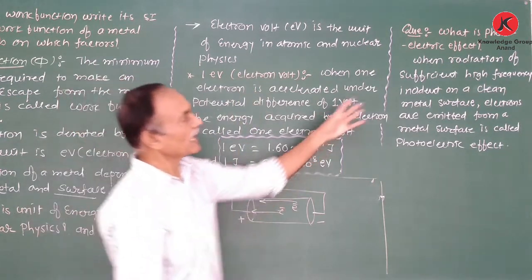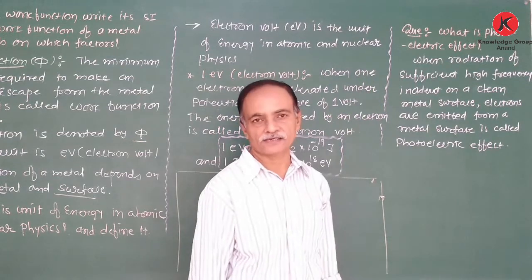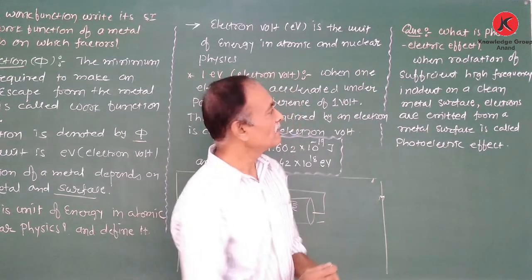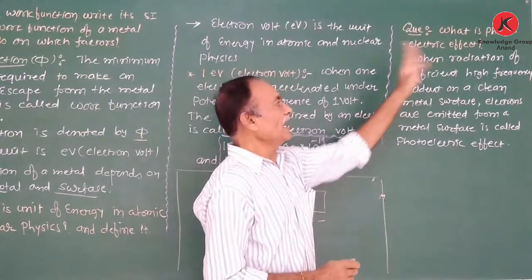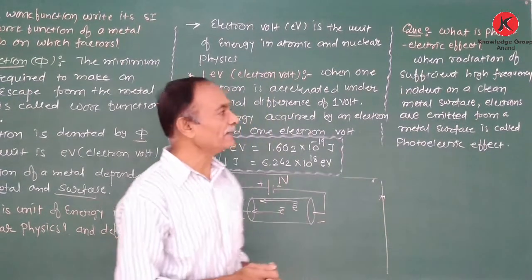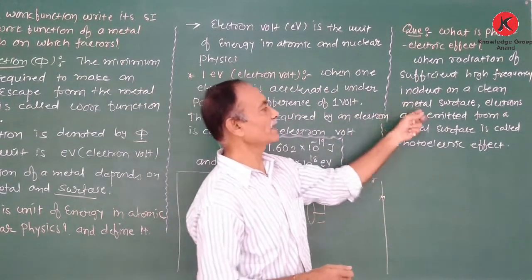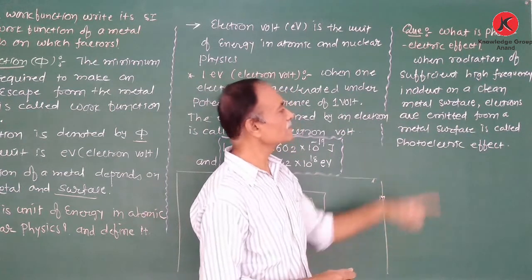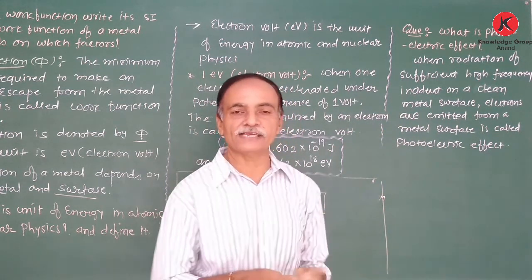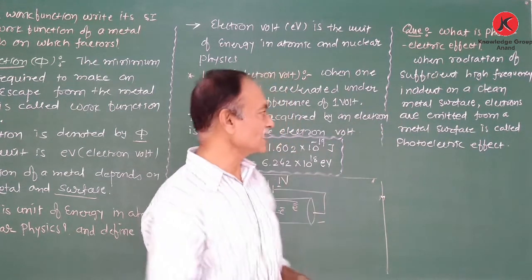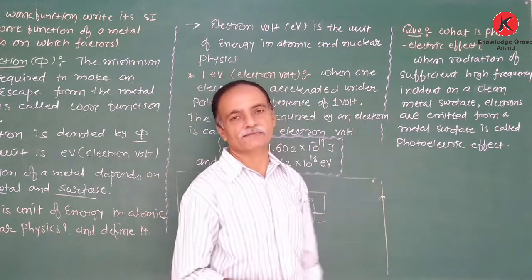Okay. Now last, what is the photoelectric effect? We just discussed that when light or radiation of sufficiently high frequency is incident on a clean metal surface, electrons are emitted from the metal. That is known as the photoelectric effect.